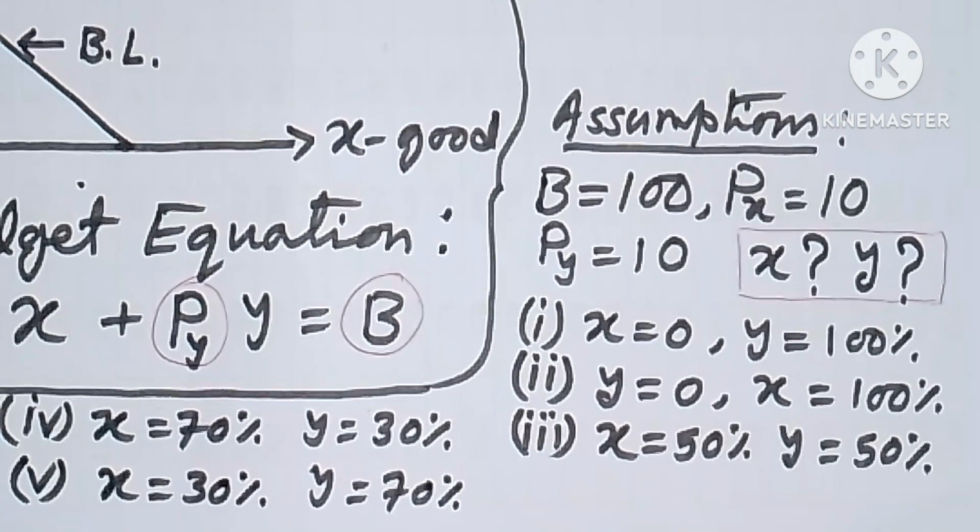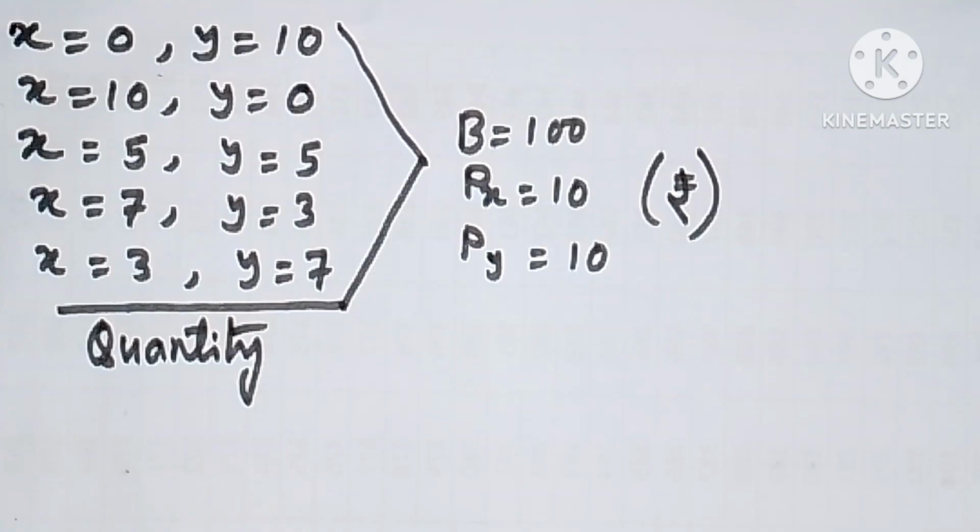One thing should be mentioned here: whatever combination he is purchasing, he should be on the budget line according to these 5 situations. Therefore, according to our analysis, we can see on the left side the quantities of X and Y goods, that is the 5 extreme situations or combinations when the budget equals 100 rupees, the price of X is 10 rupees and the price of Y is also 10 rupees.